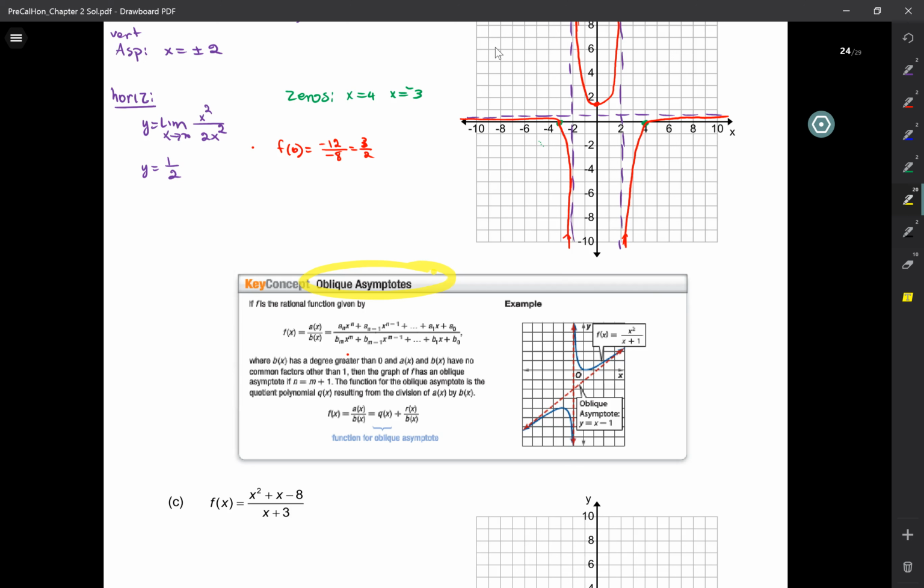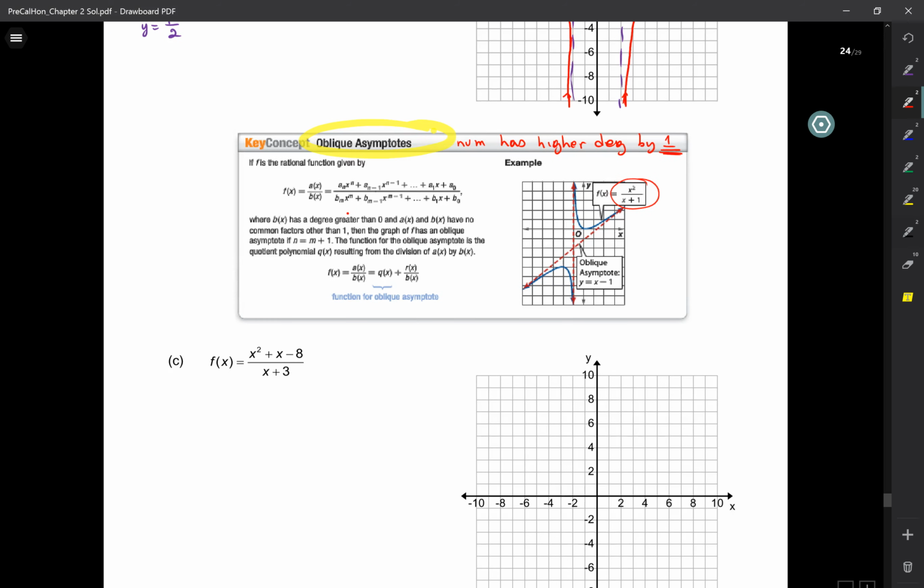However, the condition is the numerator can only have a higher degree by 1. For example, a function like x squared over x. So it's x to the 2 on top, x on the bottom. Or if it's x to the 4 on top, x cubed on the bottom.